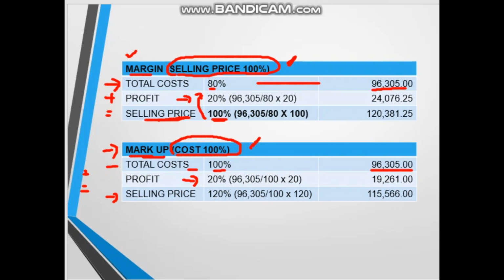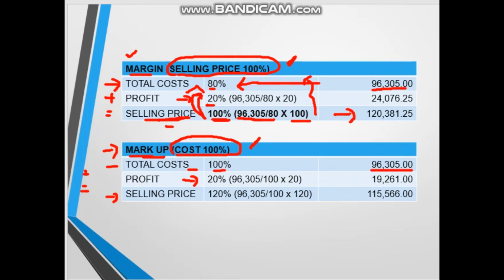So 80 plus 20 becomes 100. So if we would like to know the selling price at 100%, 96,305 is only 80%. So divide by 80 times 100, and we get the selling price.